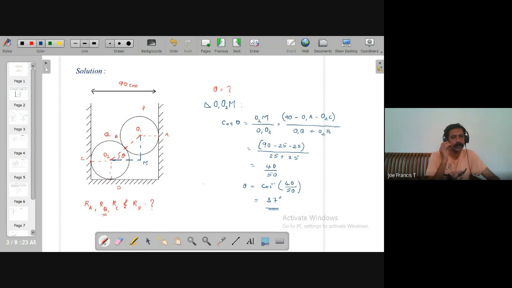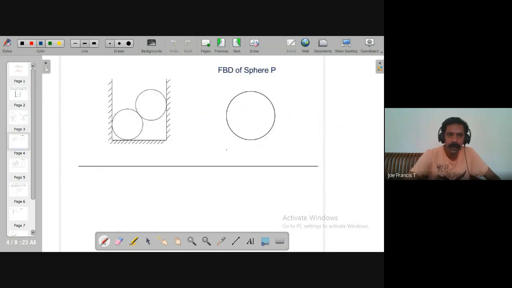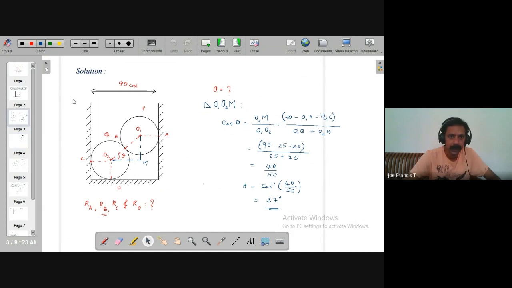Now, the second step is to draw the free body diagram of sphere P. So I'll go to the next page. I'll just copy that figure here.